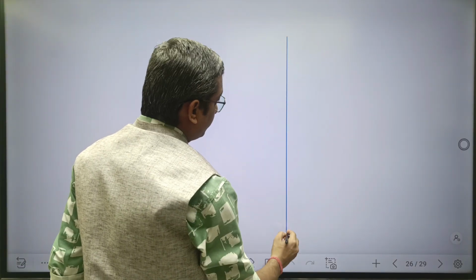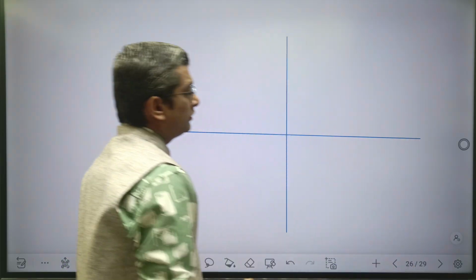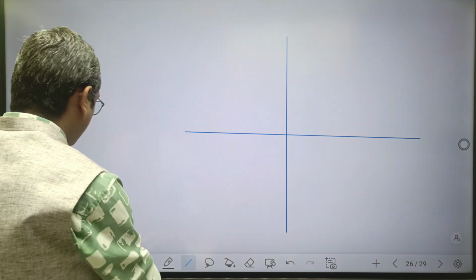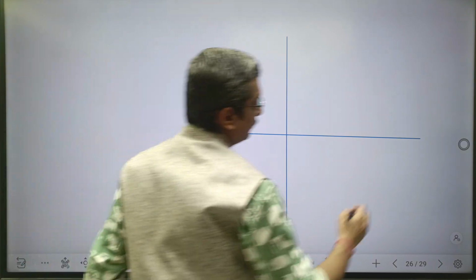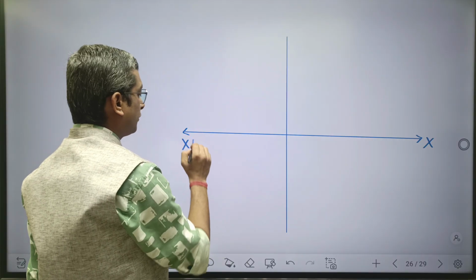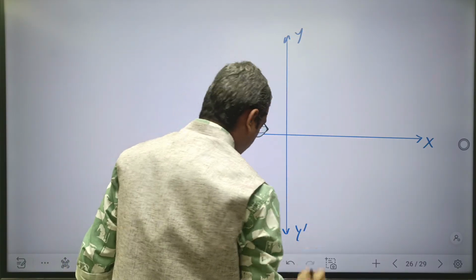So let us suppose I am drawing two axes. First we understand the formula by using a two-dimensional system, and the same formula will apply in three dimensions as well. So this is x, this is the negative x-axis, also x prime, this is the y-axis, and this is y prime.